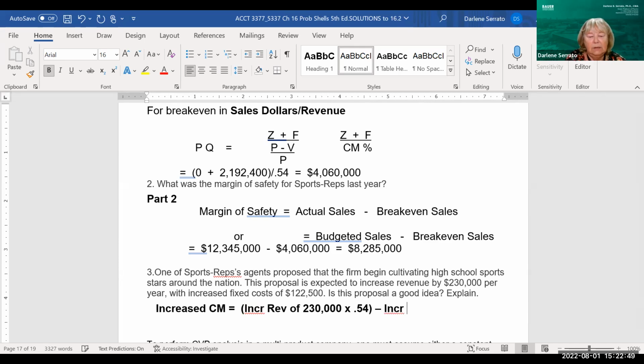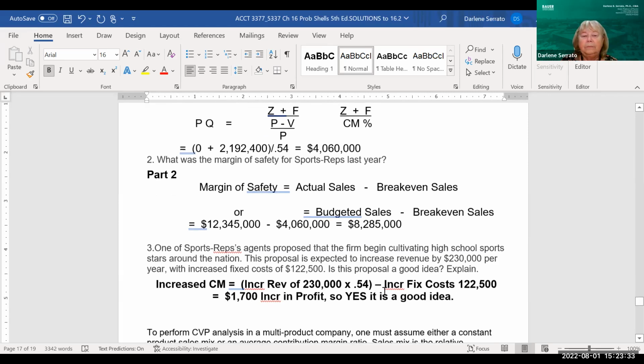Minus increased fixed costs of 122,500 equals 1,700 increase in profit. So yes, it is a good idea.